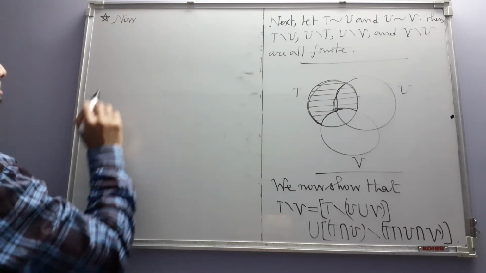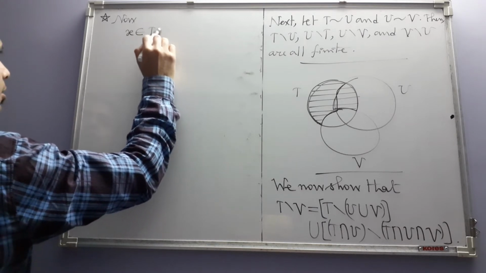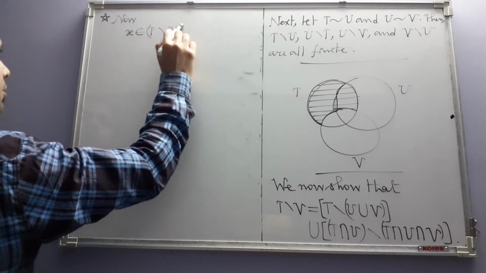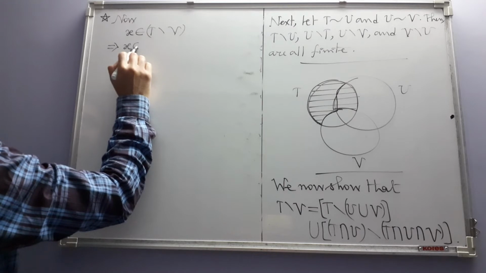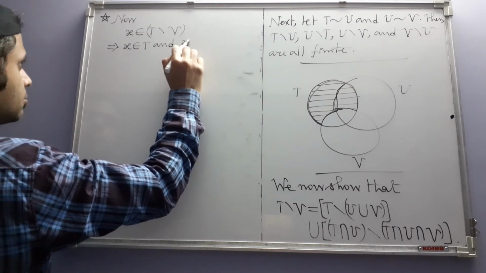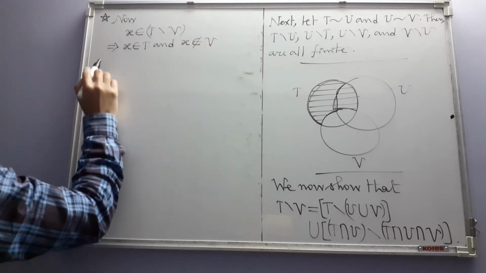Now x belongs to T difference V implies what? x belongs to T and x does not belong to V.